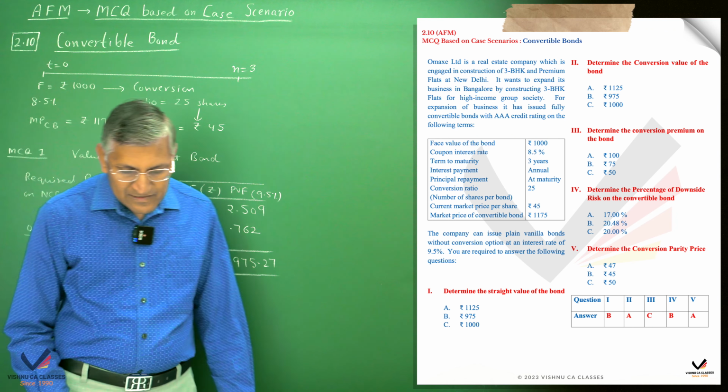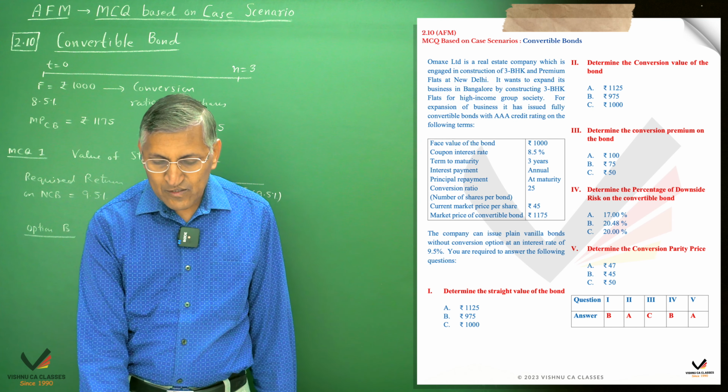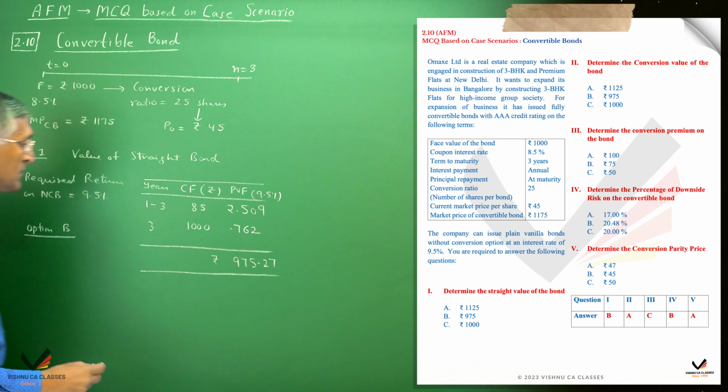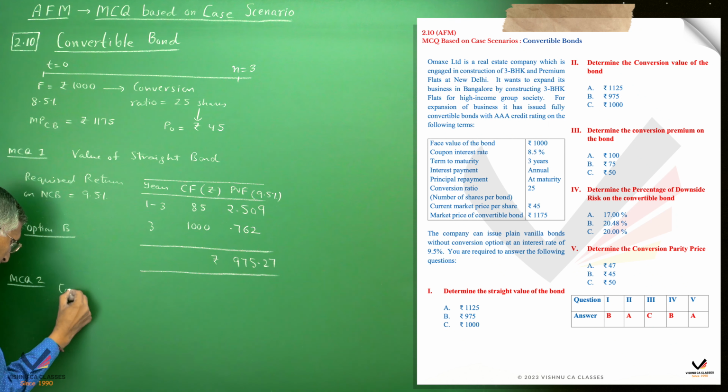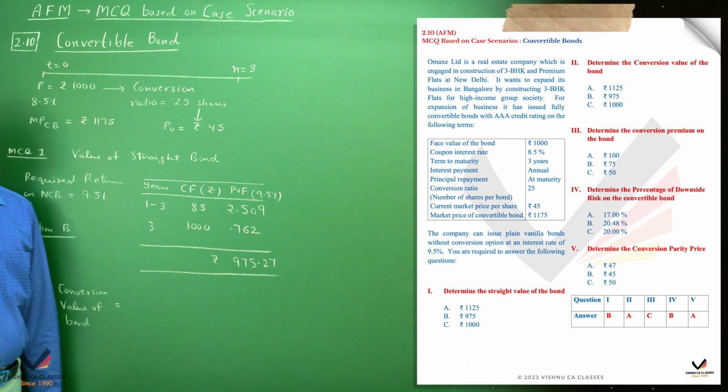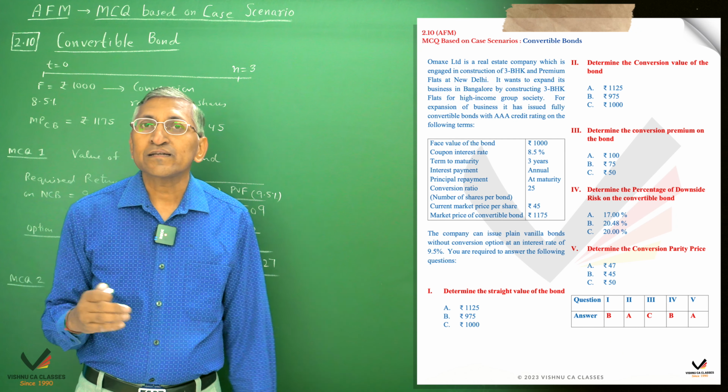So can you see second MCQ they are asking what is conversion value of bond. So MCQ number 2. So what is our conversion value? So conversion value means if a bond is converted into shares, again what will be its value?